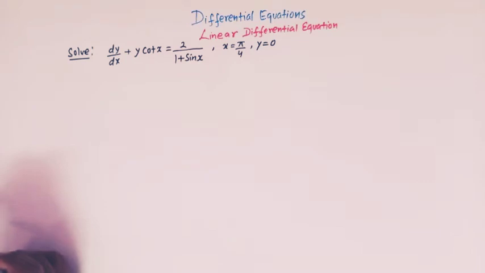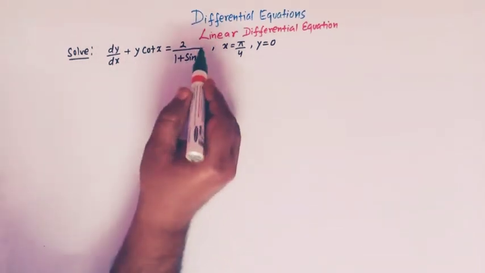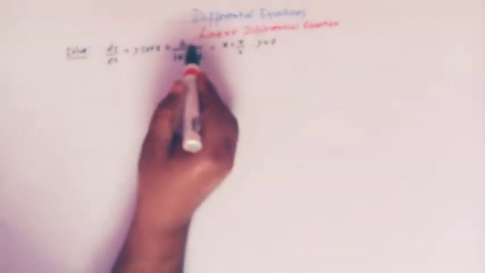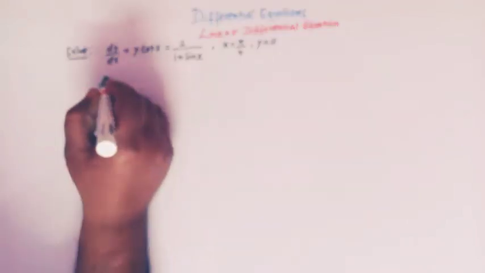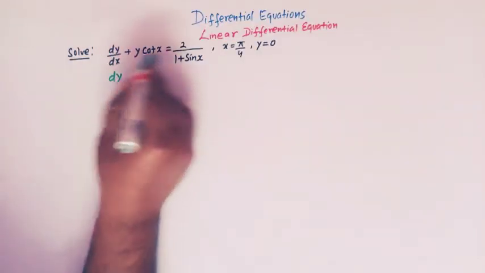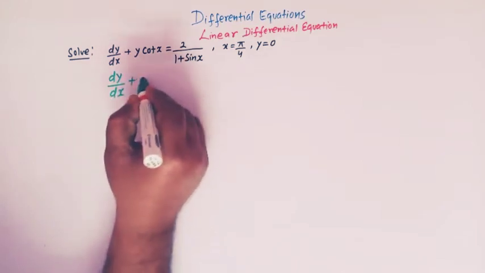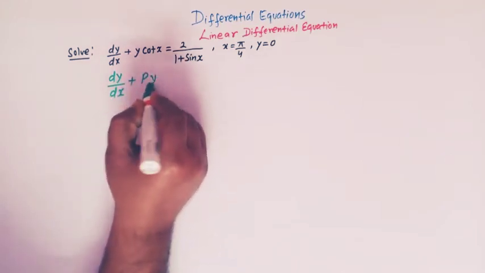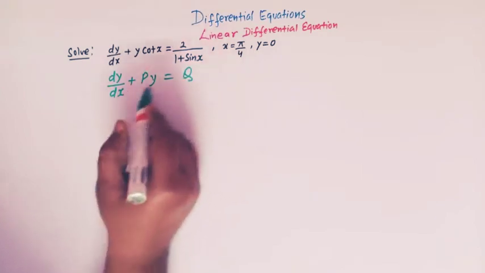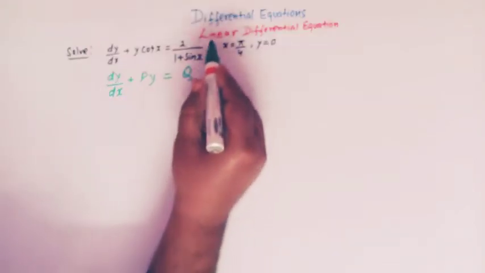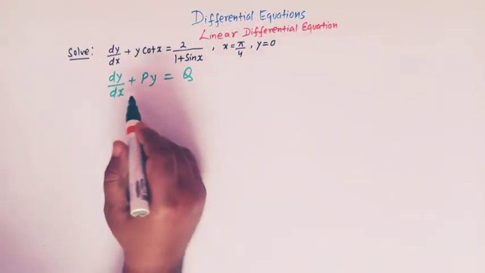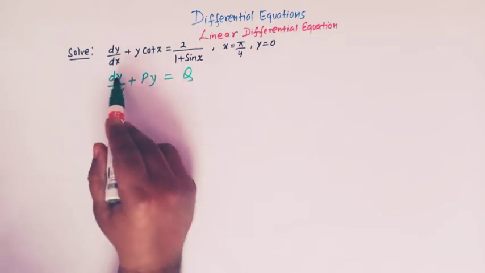So let us start. If we closely look at this equation, we see that it is similar to the form dy over dx plus py is equal to q. This is the standard form of linear differential equation of first degree and first order.